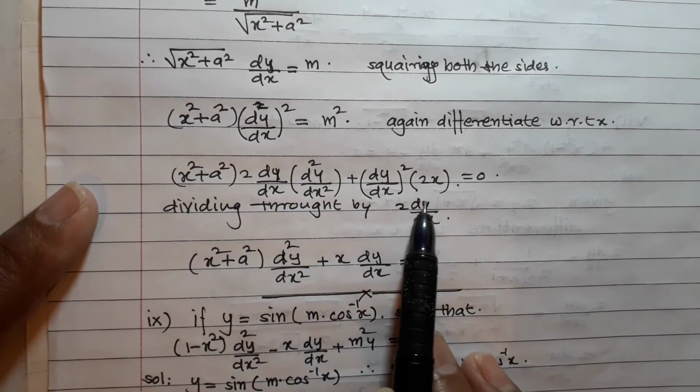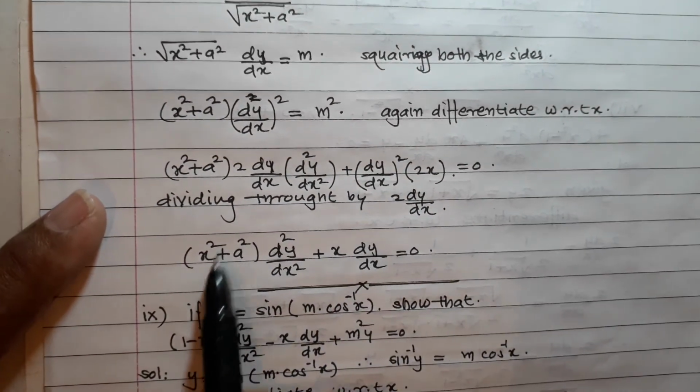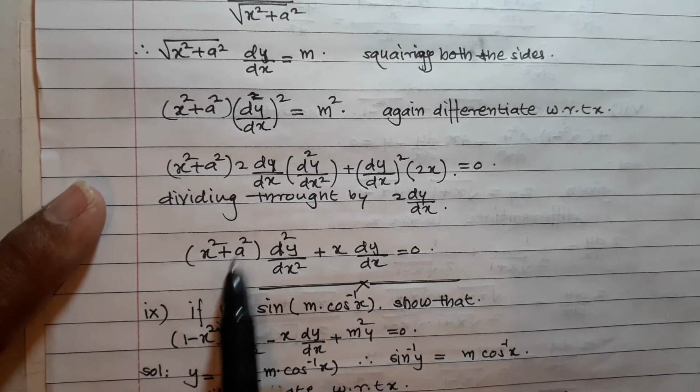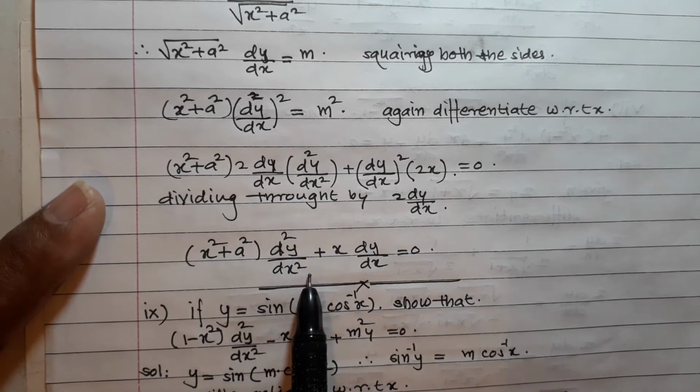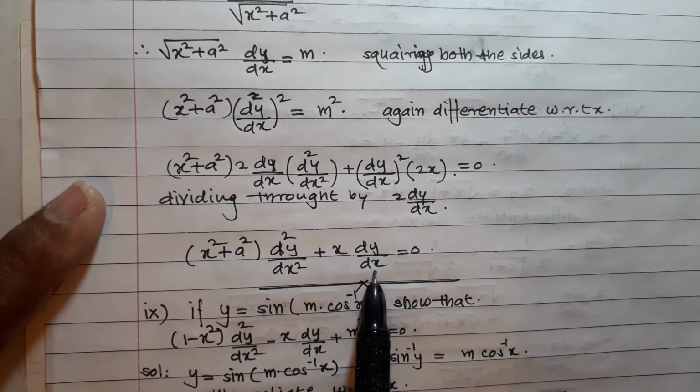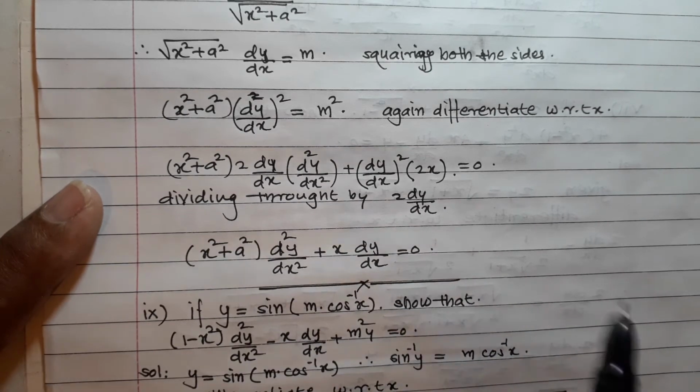Dividing throughout by 2 dy dx, x square plus a square d square y dx square plus x dy dx is equal to 0.